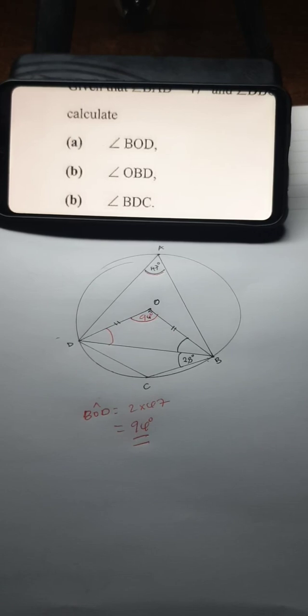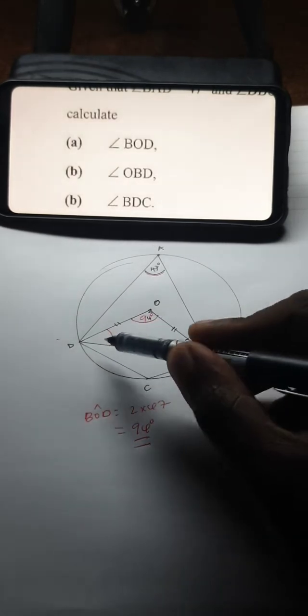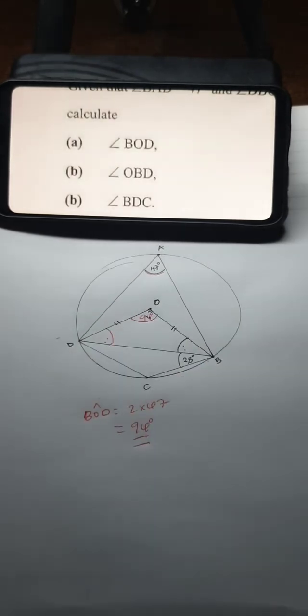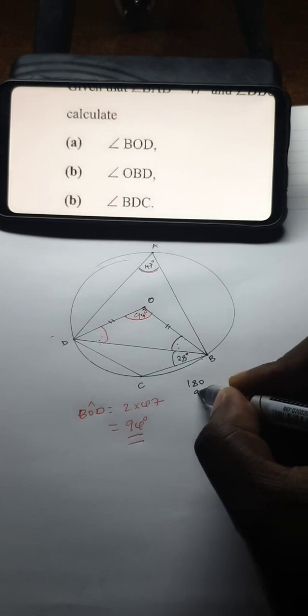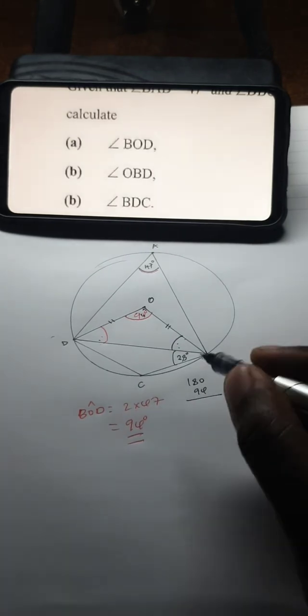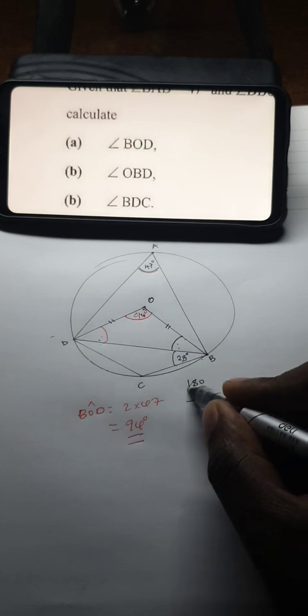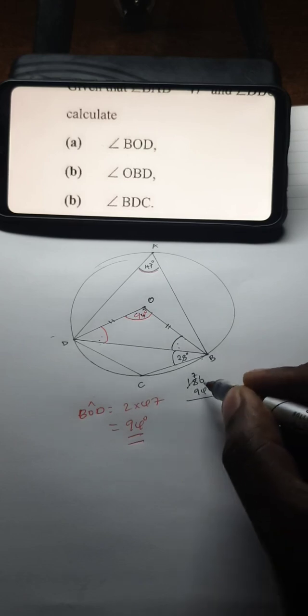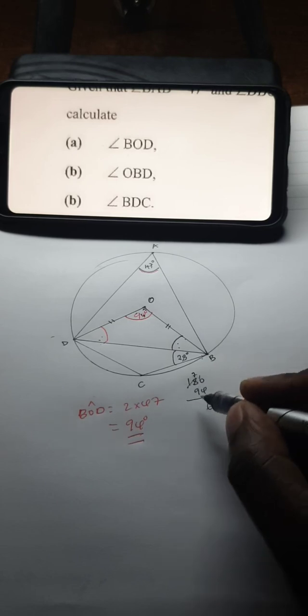So, interior angles of a triangle add up to what? 180. So, in 94, we will take 180 minus 94. We are going to get 86. 10 minus 4 is 6. 17 minus 9 is 8.